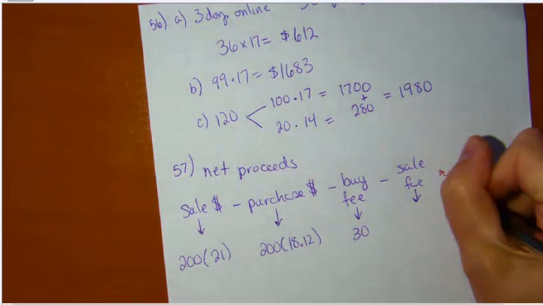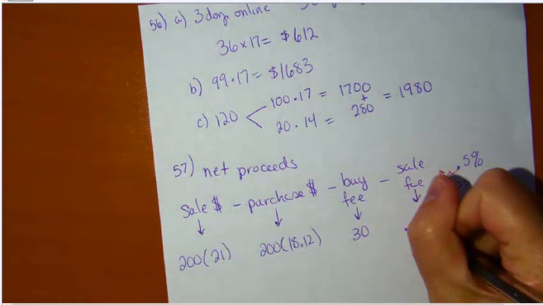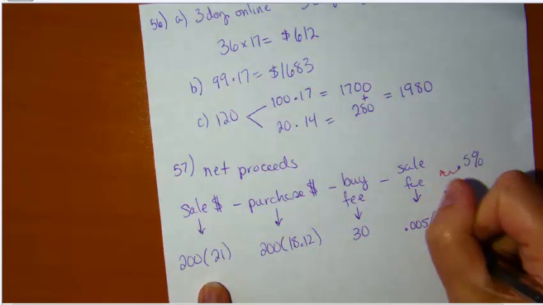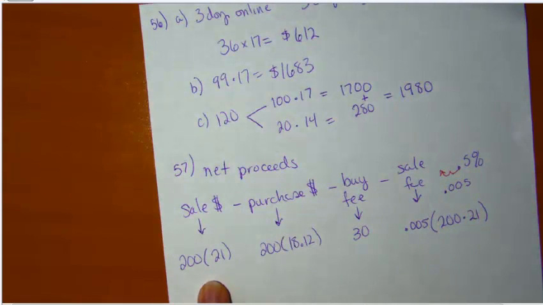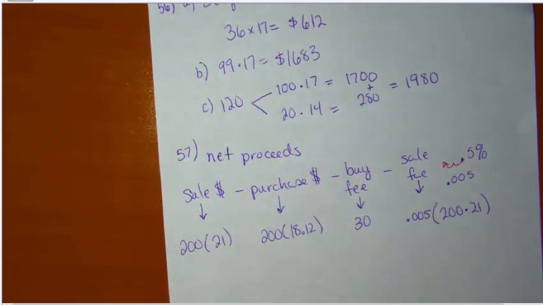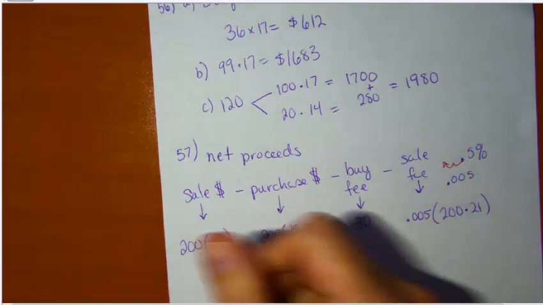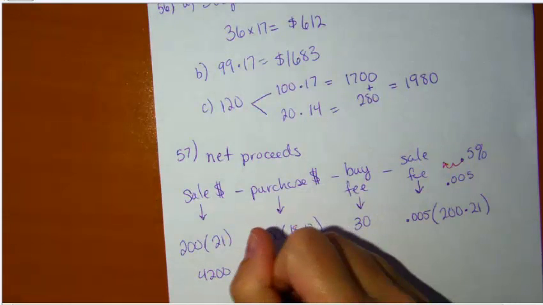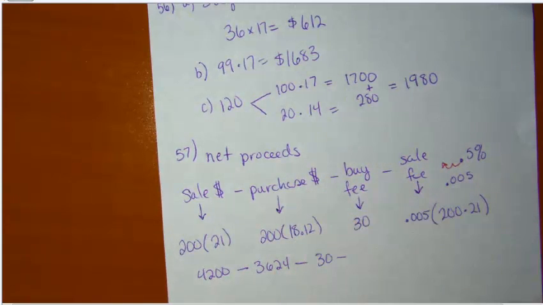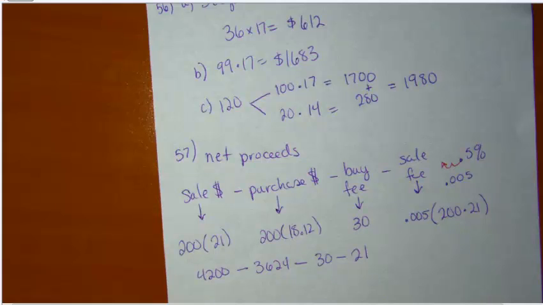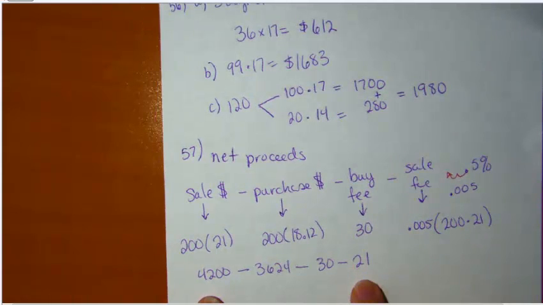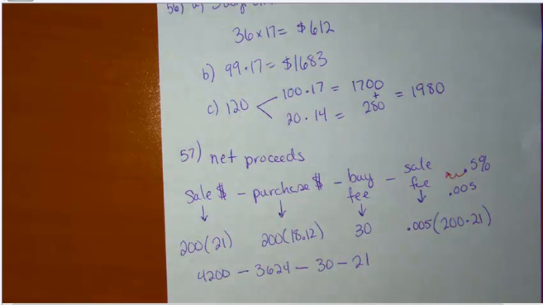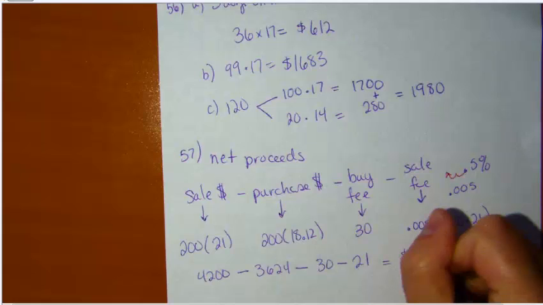So that's 0.005 of whatever this sale price is, 200 times 21. I did 0.005 times 4,200, and that gave me 21. So then I subtract 4,200 minus 3624 minus 30 minus 21, and I get $525.